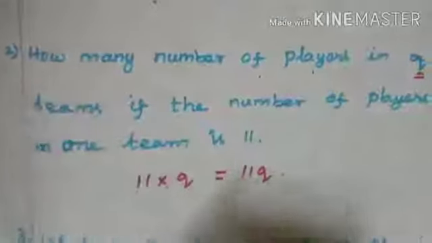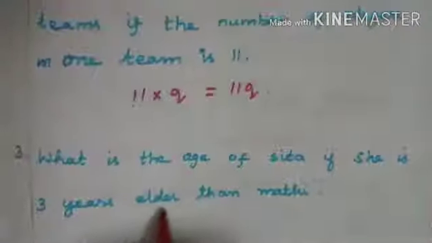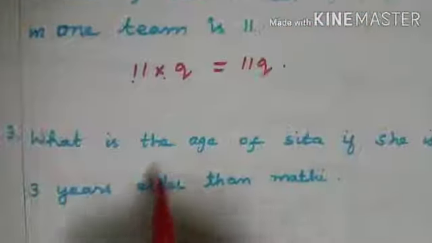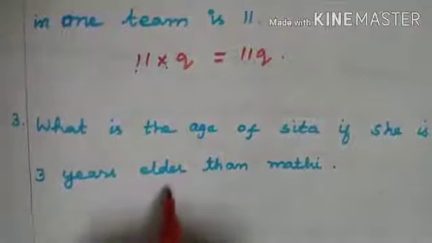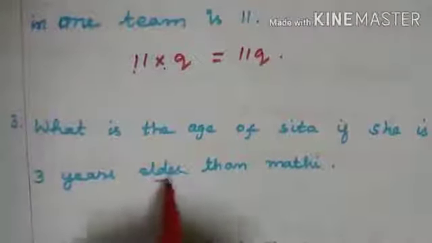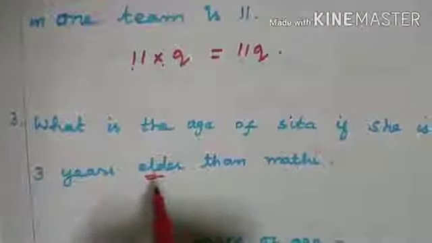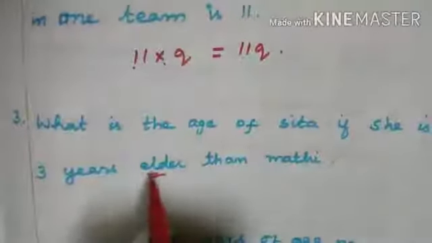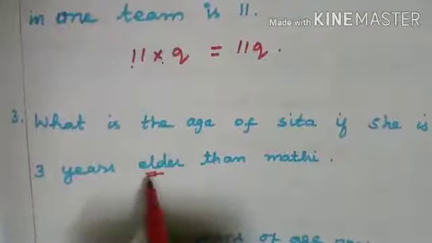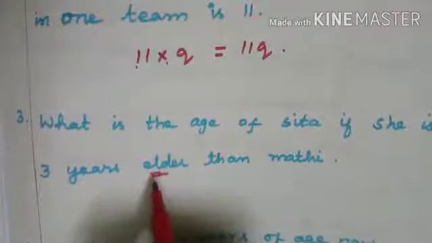The next question is the third question. What is the age of Sita if she is 3 years elder than Madi? For elder, what symbol will we be putting? For elder, we will put the plus symbol. If it is given younger, we have to put the minus symbol.